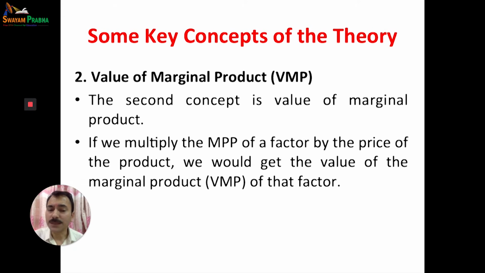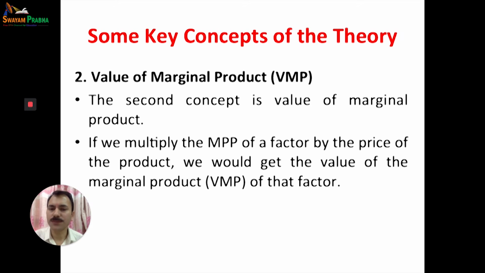If we multiply the marginal physical product, MPP, of the factor by the price of the product, we get the value of marginal product.